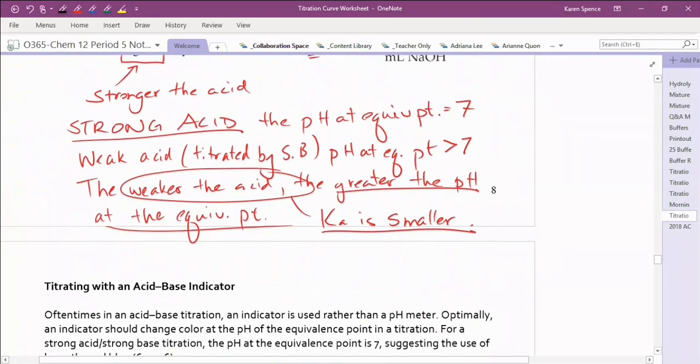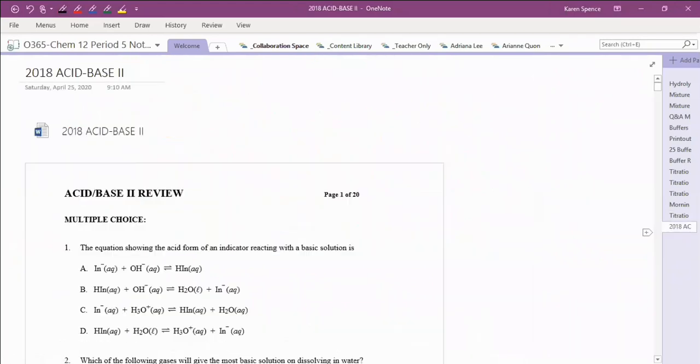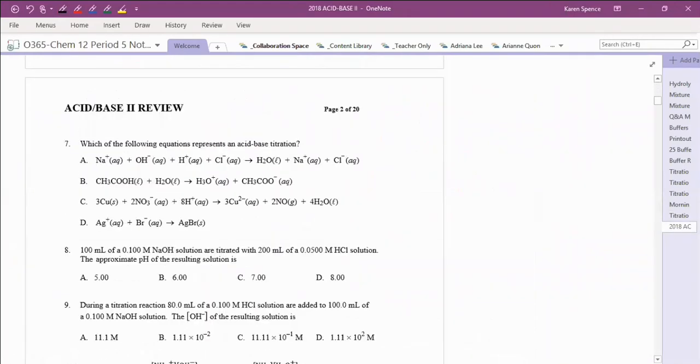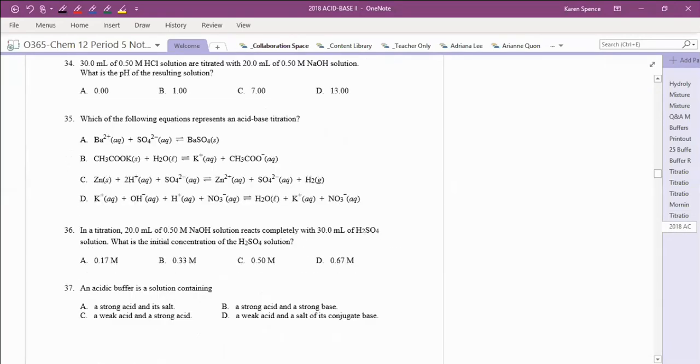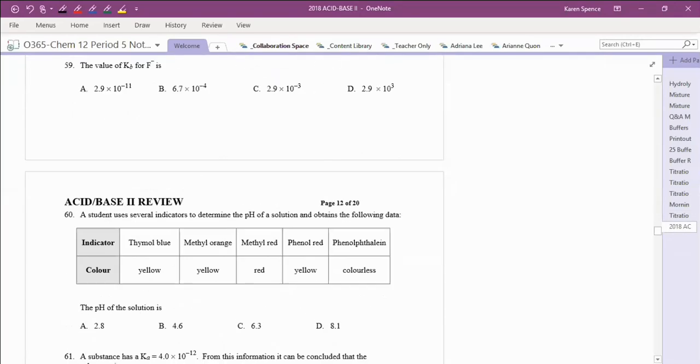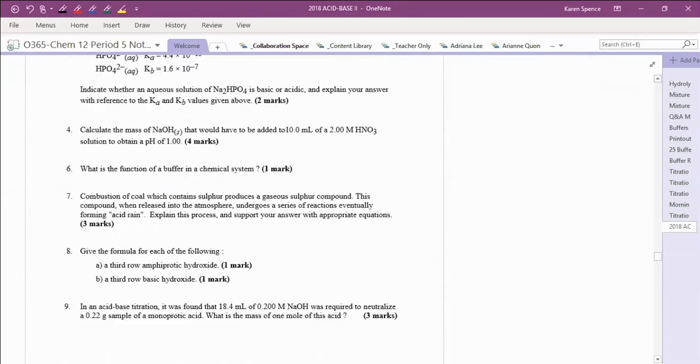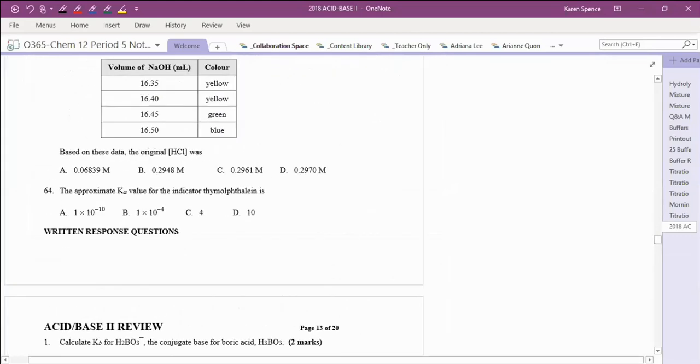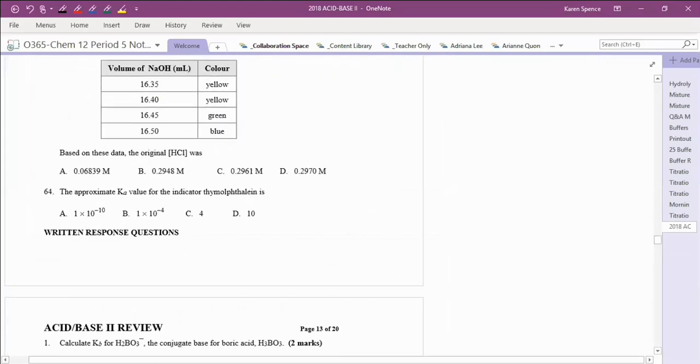Alrighty then. So homework, let's just see how many questions we have in the multiple choice. I think there's a lot. There's like 64. So what if I assigned half of those to be due on Monday?